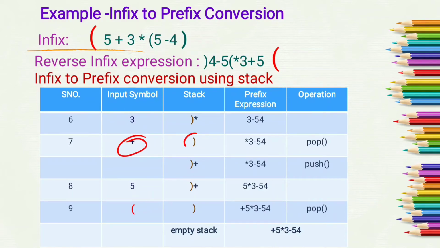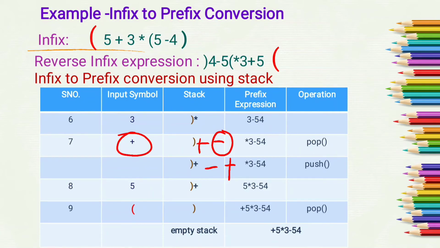Here the top operator of the stack is a closing bracket which has lower precedence compared to plus, so we can push plus over the closing bracket. If there is plus or minus inside the stack and the top operator of the stack has the same precedence, we can push plus over the top operator.